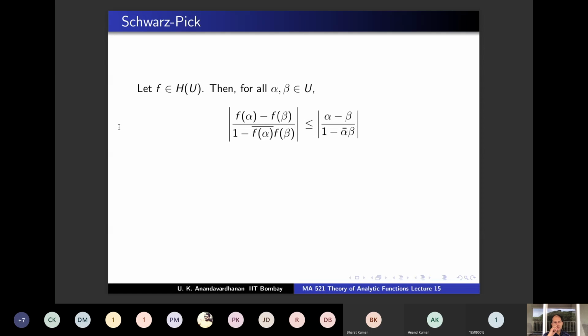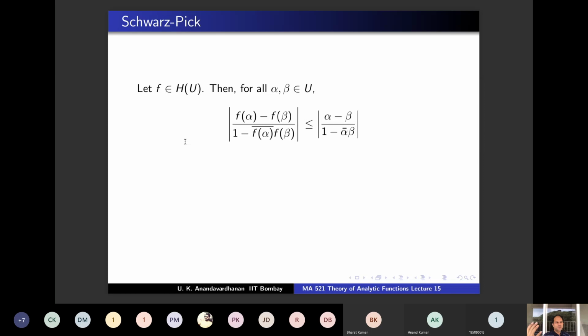This was not stated in Rudin, or maybe it's an exercise in Rudin, but the Wikipedia page of the Schwarz lemma has exactly this statement. So you think about it on your own. I'm leaving it as an exercise. It is about constructing a G and applying the Schwarz lemma for G. That G you have to construct appropriately. And if you can't do it, you can refer to the Wikipedia article, where there's a very nice two-line proof. So you just have to consider the correct function.